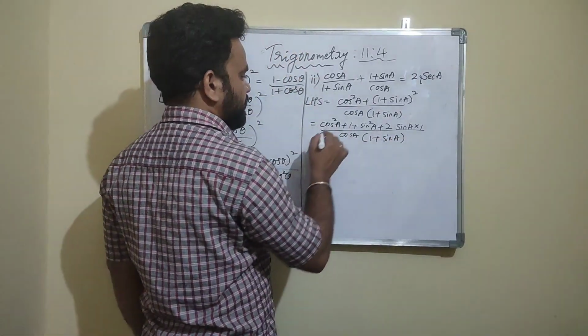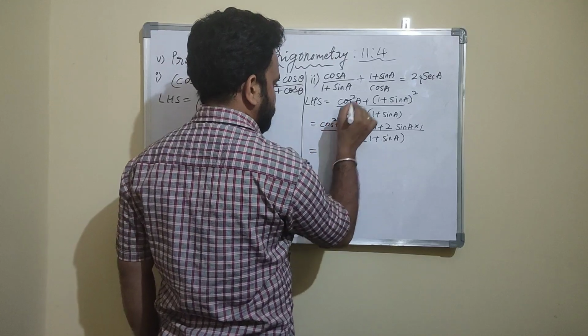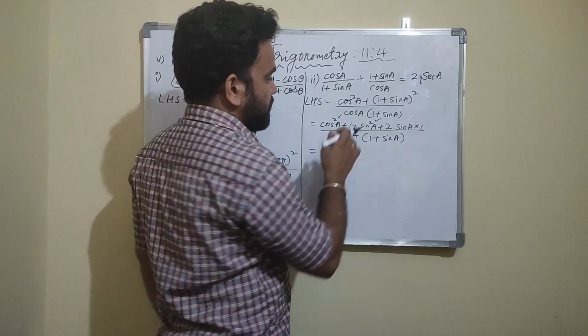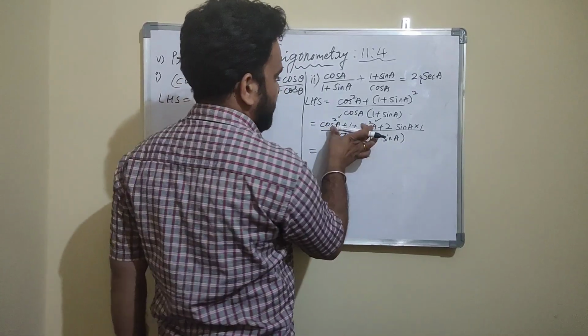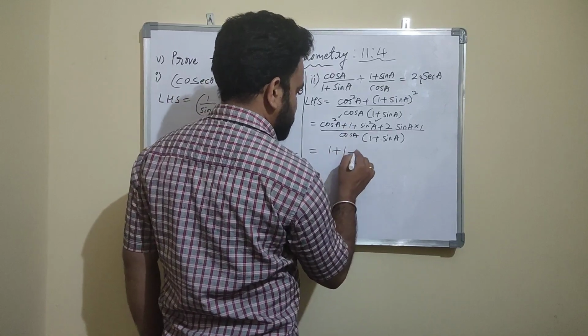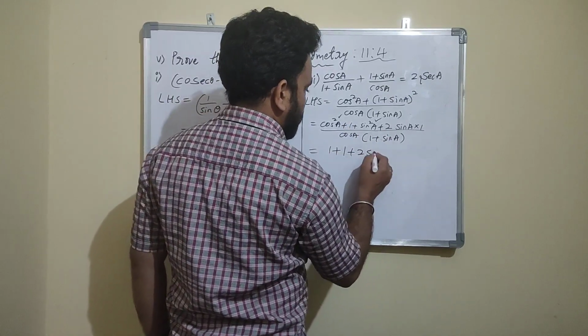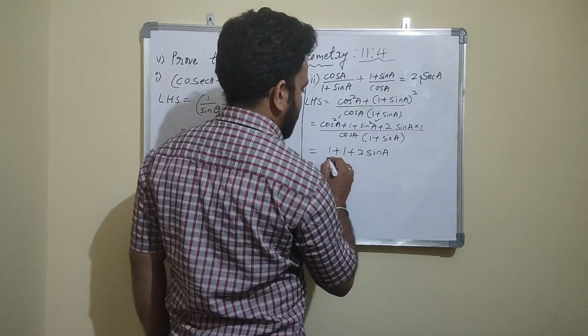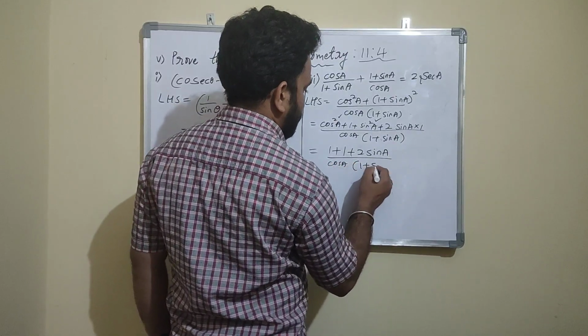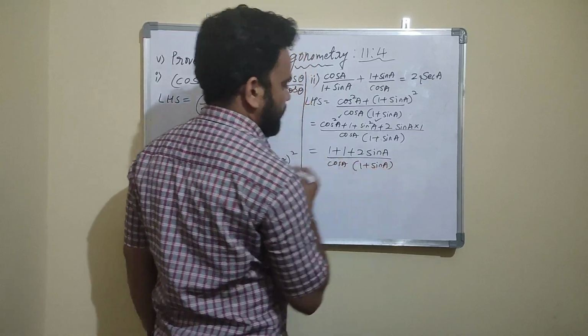Now here you can see here cos square A, here sin square A. Identity we have, first identity, what is that, sin square A plus cos square A is equals to 1. So addition of this sin square A plus cos square A, I will write 1 plus this one as it is plus this 2 sin A divided by cos A into (1 plus sin A).